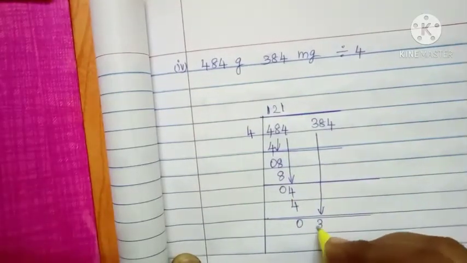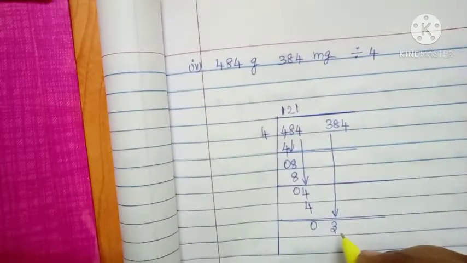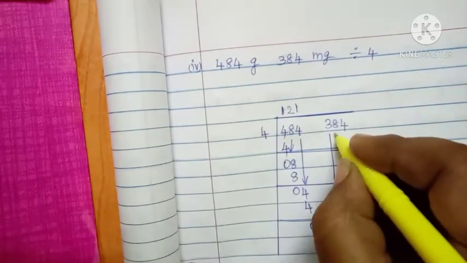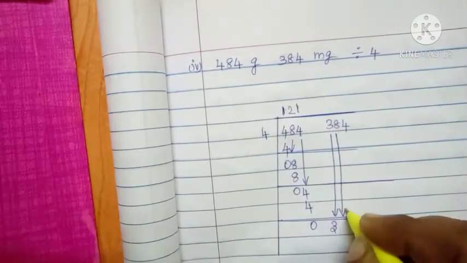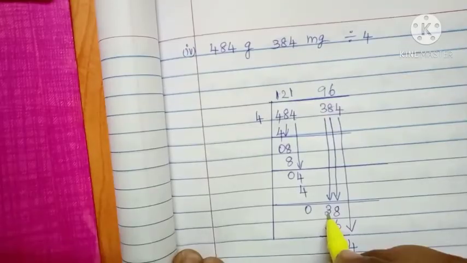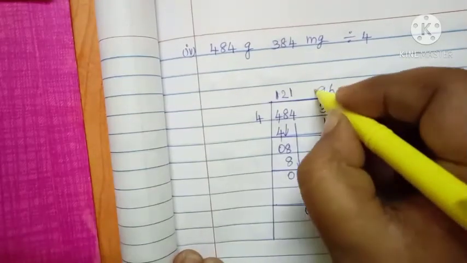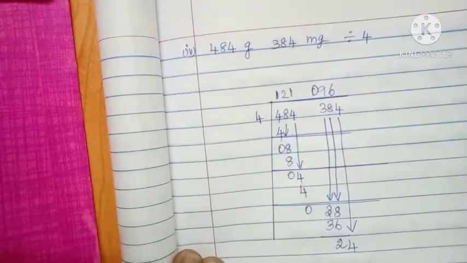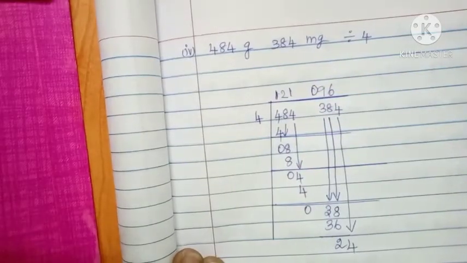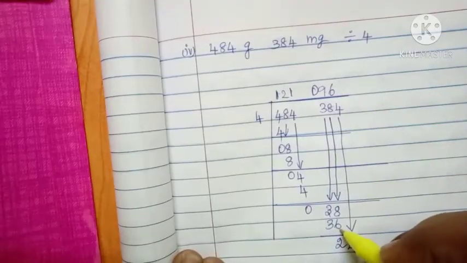3. So 3 is a smaller number. So again the next number you take it here, 8. So 38, and don't do it separately. That's why you join the number 8. So you write the number 0. Then you write 4 9s are 36.